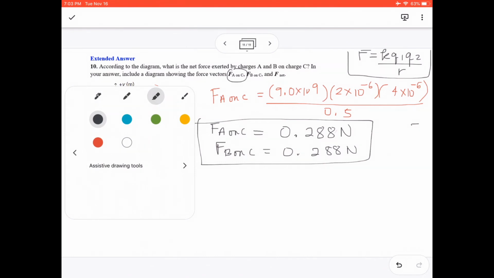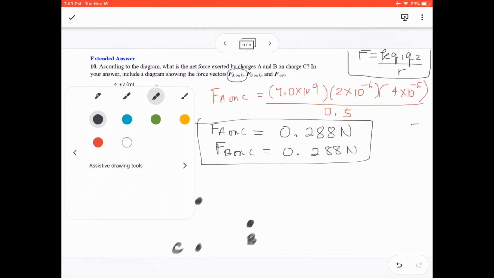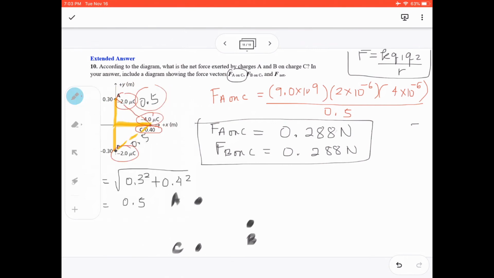Now, what's the next part of the problem? We're going to find the direction of the net force. We know that this is A, this is C, and then this is charge B. Now we were able to solve the force of A on C, I'm sorry about that.